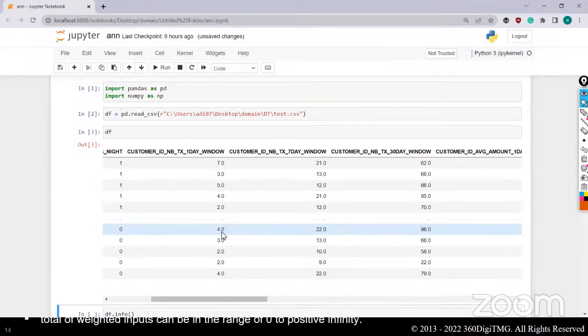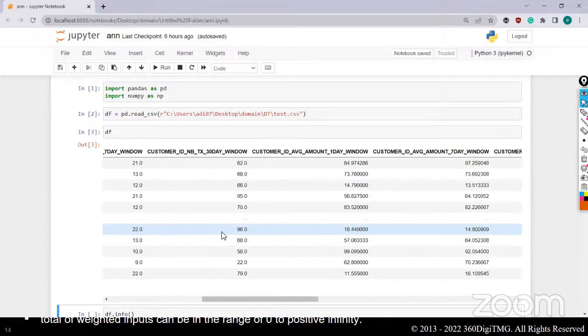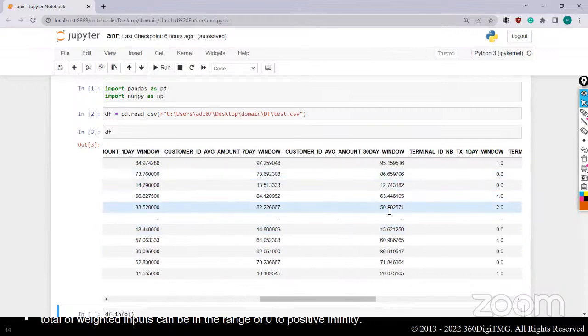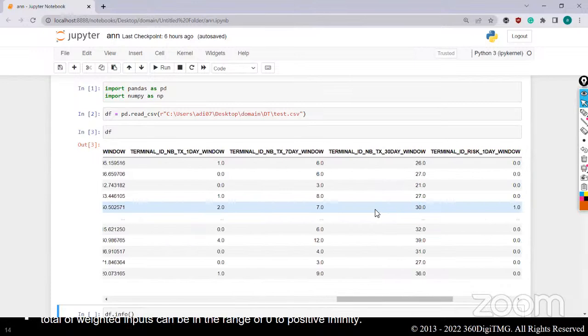All right, and then you're checking the average amount over a 1-day period, 7-day period, and 30-day period. And then we are checking how many different terminals they are transferring this money to.